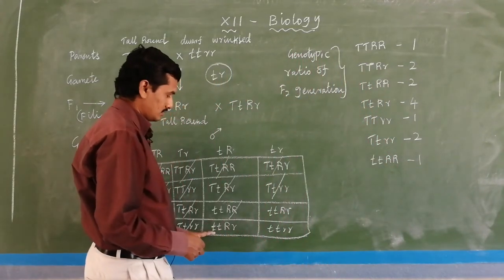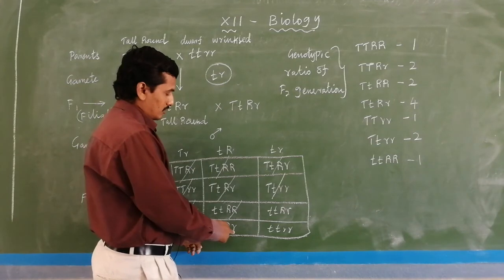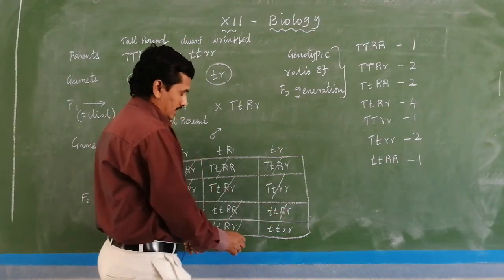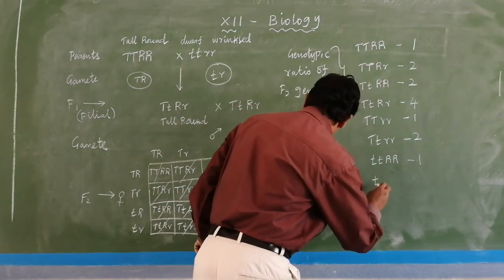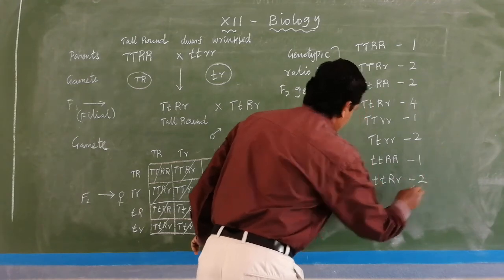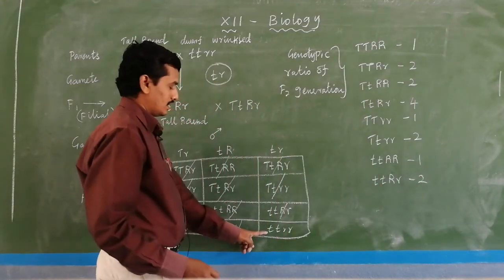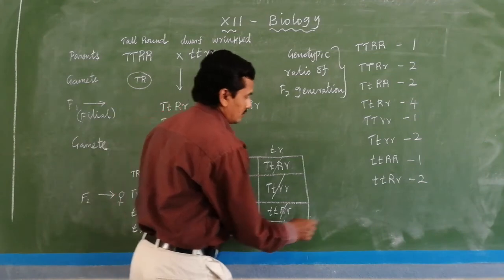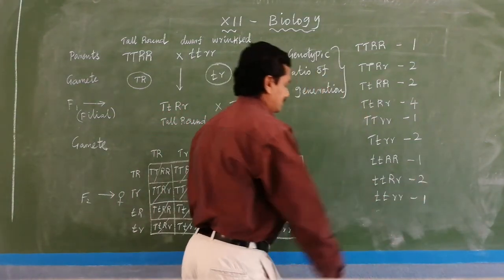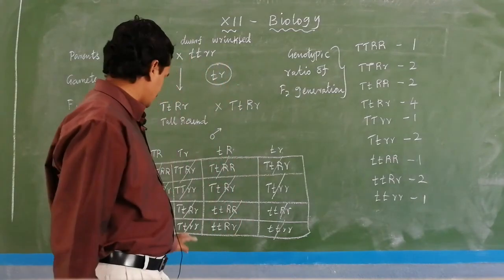Then next one, small t, capital R, small r. Small t, capital R, small r, both are same. So, next one is small t, capital R, small r, how many? Totally 2. And the last one is small t, small r, 1. Okay. So, all are finished.